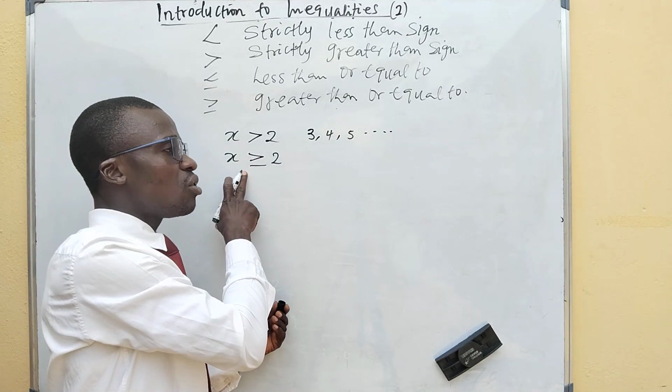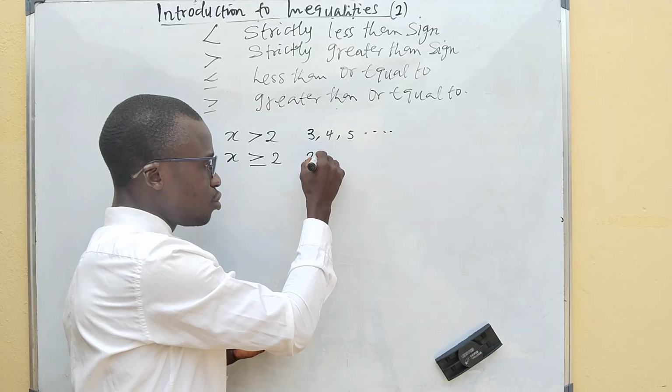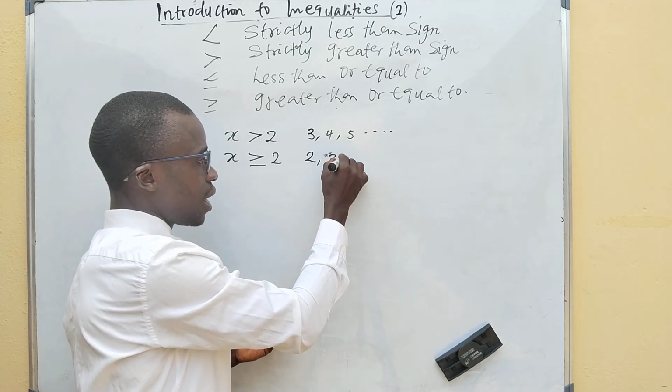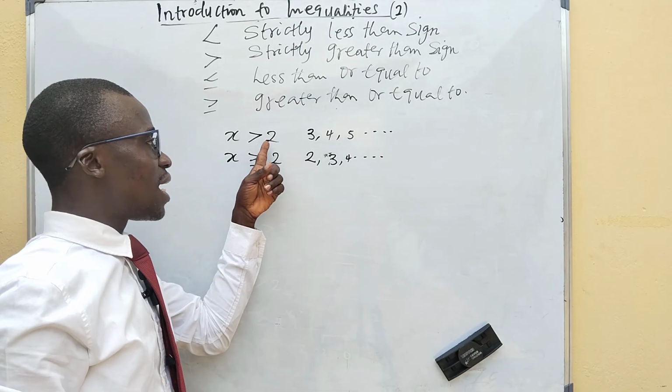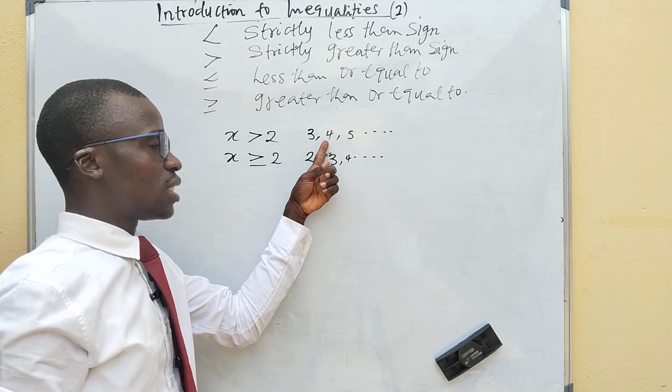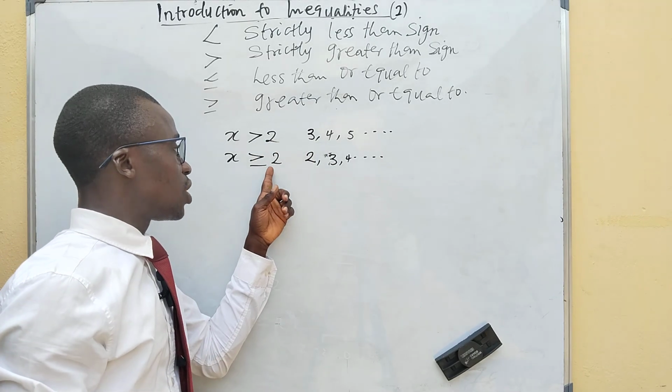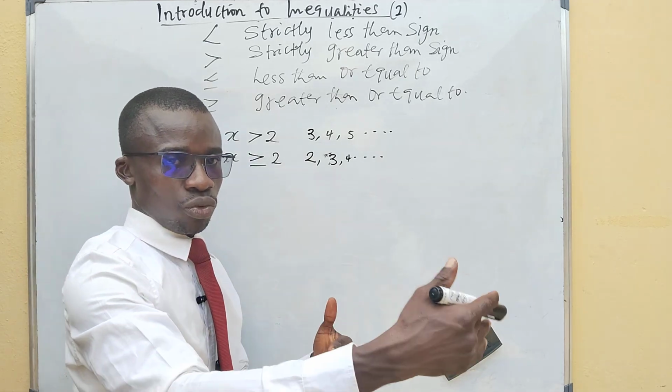While here the values of x are 2, 3, 4 till infinity. The difference is that here 2 is not included. We don't need 2. But here 2 is inclusive. It means it starts from 2.